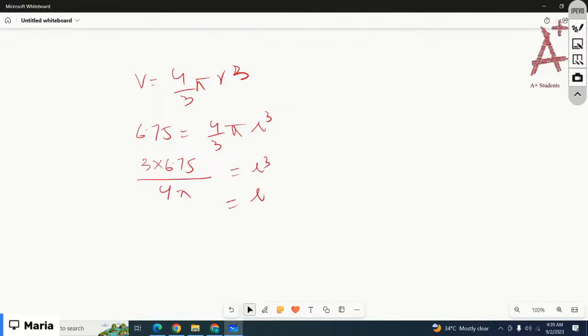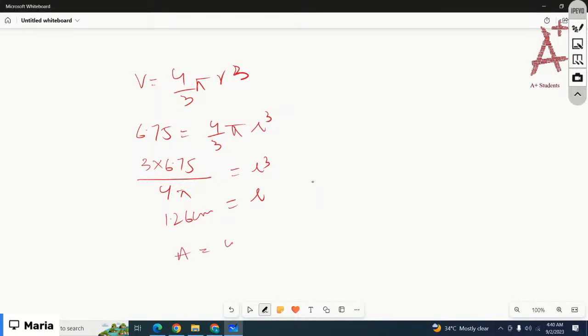So let's just evaluate the value. It would be 1.26 centimeter, right?